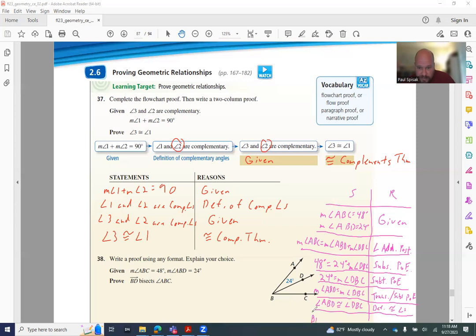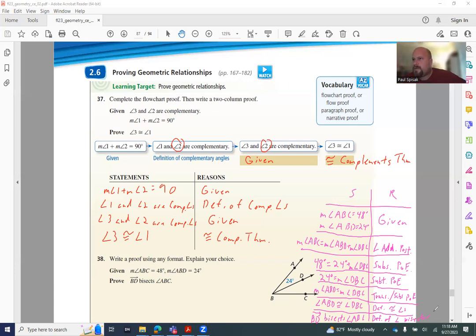Because what is a bisector? Something that's splitting it into two congruent parts. So ray BD bisects angle ABC. Again, that's the definition of an angle bisector. And that's it. That's our whole proof.